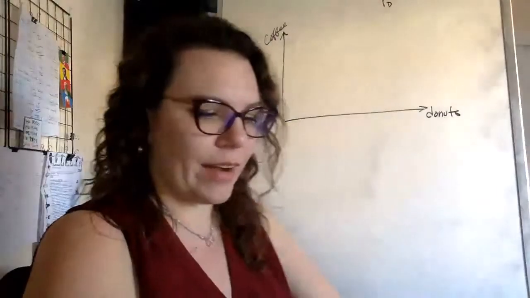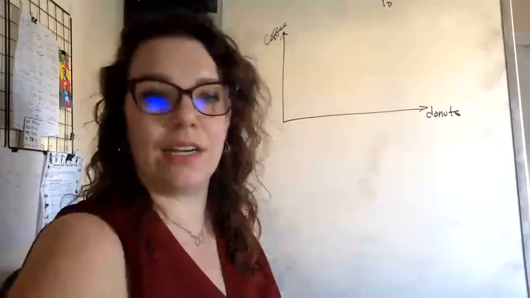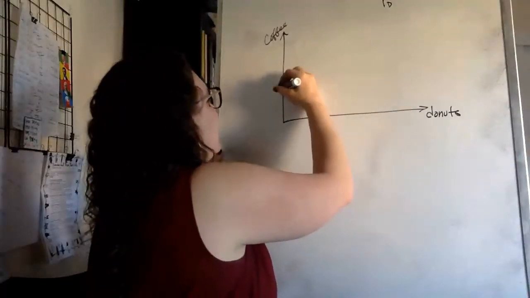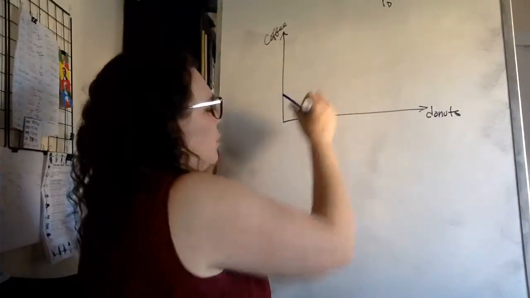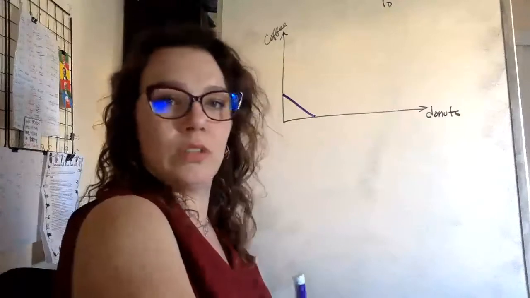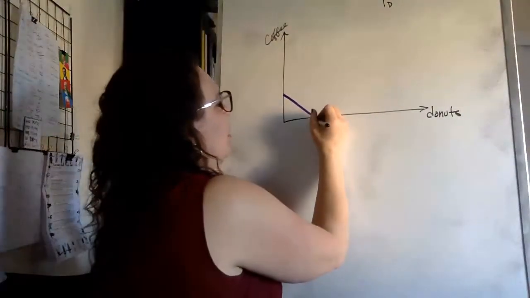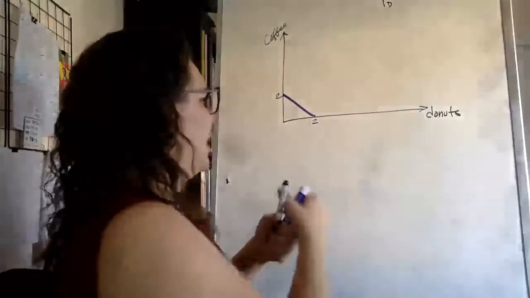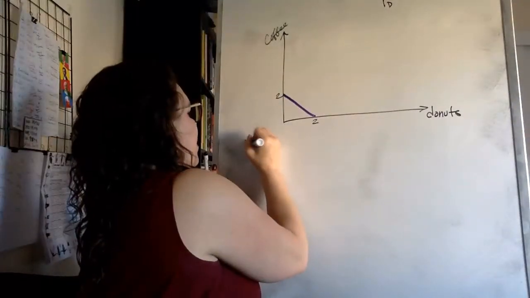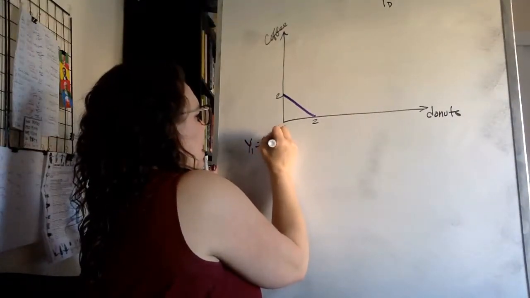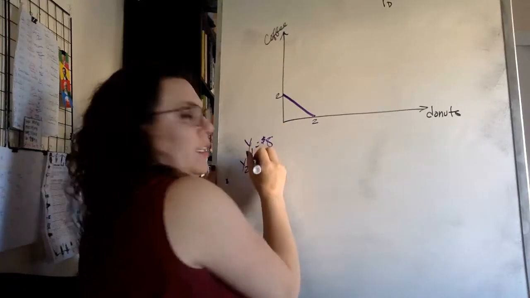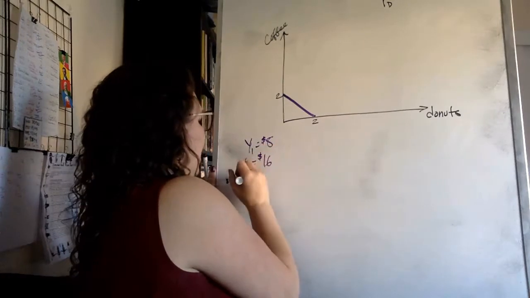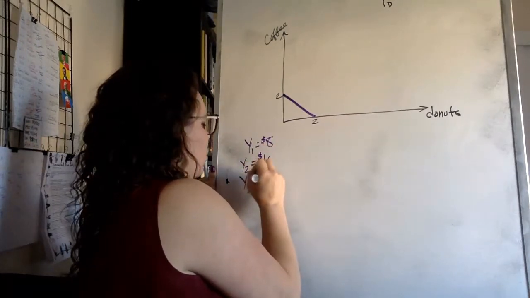We can find our endpoints for our 3 income levels by saying, okay, 8 divided by 4 on both ends is going to give us consumption of 2 cups of coffee and 2 donuts. Our next income we have y1 equals 8, y2 equals 16, and y3 equals 24.